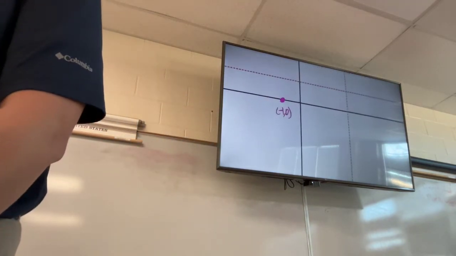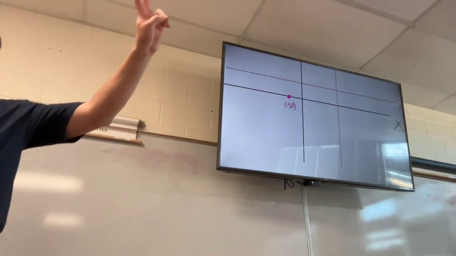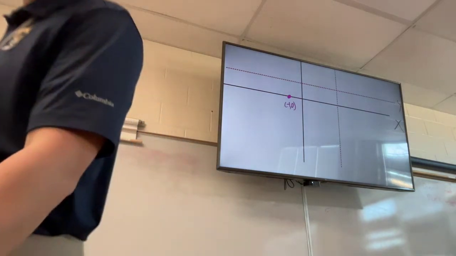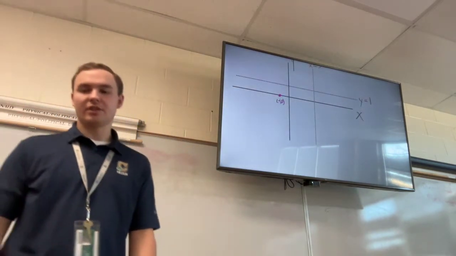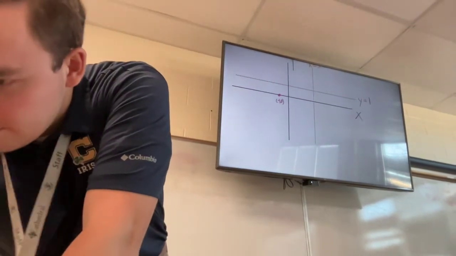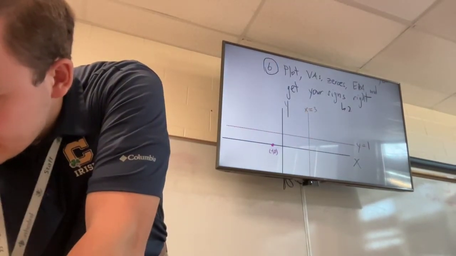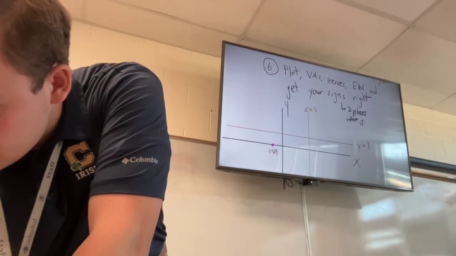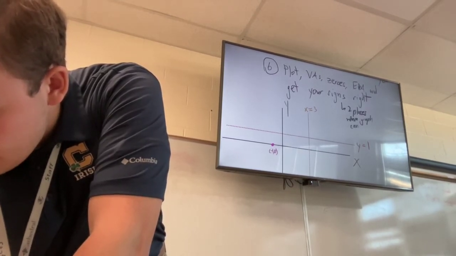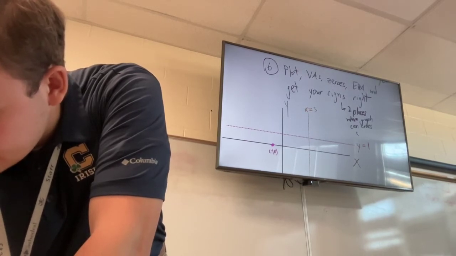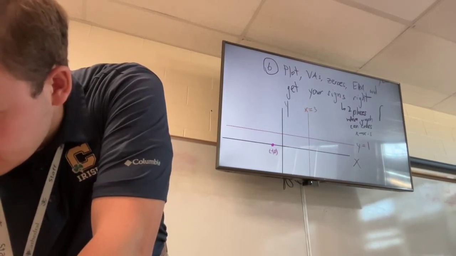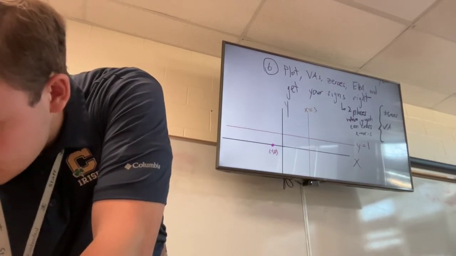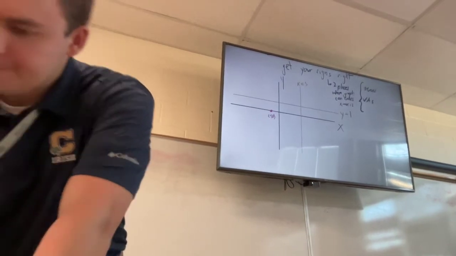There are going to be 2 places on your graph where the sign of the graph can change, where the graph can cross the x-axis. What are those 2 places? It's at your zeros and at your vertical asymptotes.